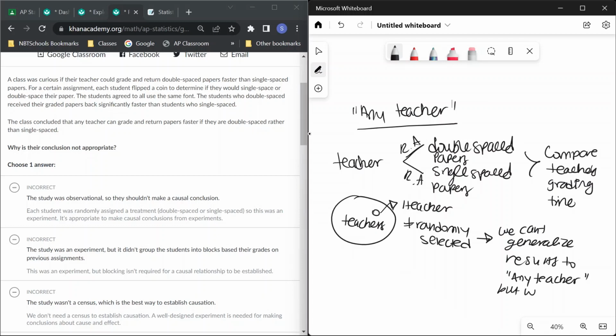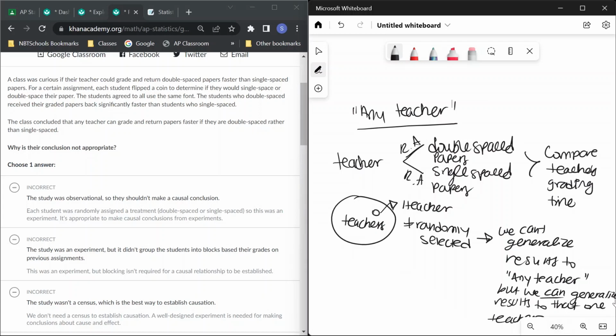But we can generalize the results to that one teacher.